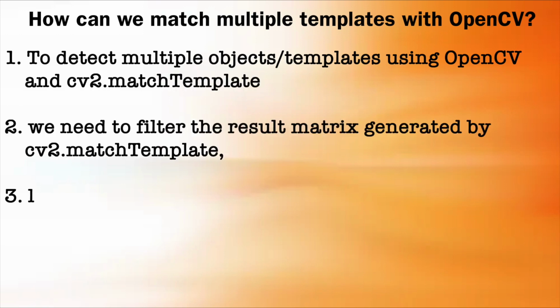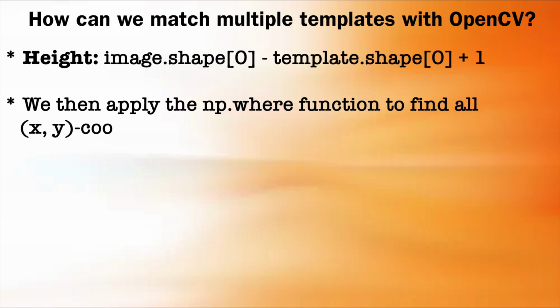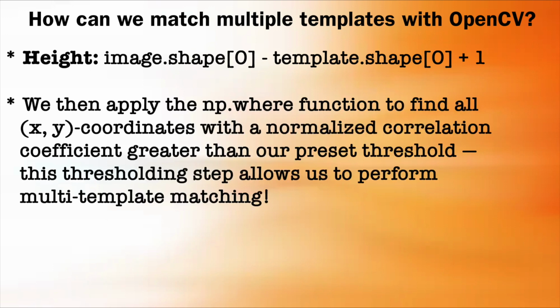To detect multiple object templates using OpenCV and cv2.matchTemplate, we need to filter the result matrix generated by cv2.matchTemplate. Calling cv2.matchTemplate results in a matrix with spatial dimensions: width is image width minus template width plus 1, and height is image height minus template height plus 1.